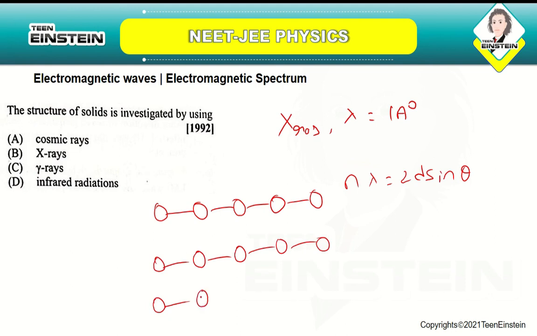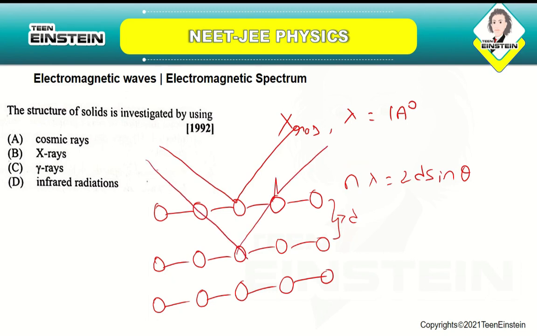What happens is, the X-rays have a wavelength which will match with the interplanar spacing. So diffraction occurs when X-rays fall on a material or a crystal, because the condition of diffraction is satisfied, where the X-ray wavelength matches the interplanar spacing.